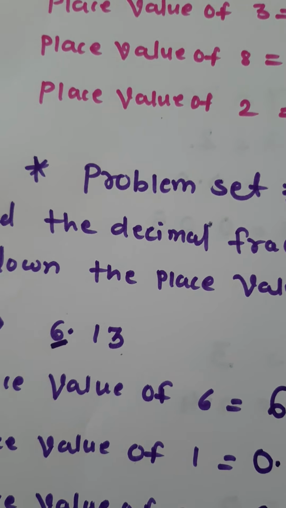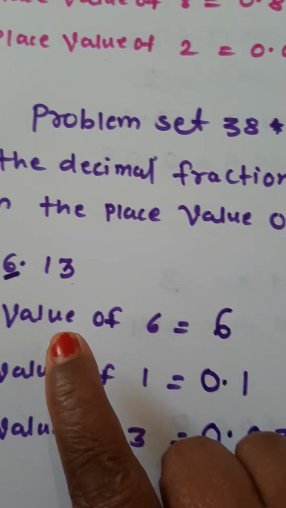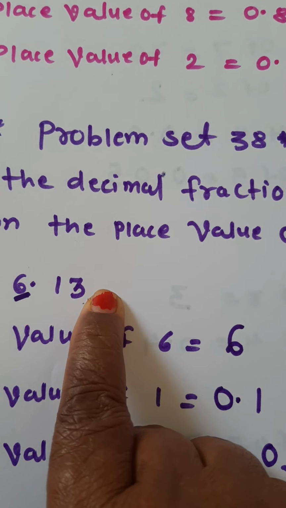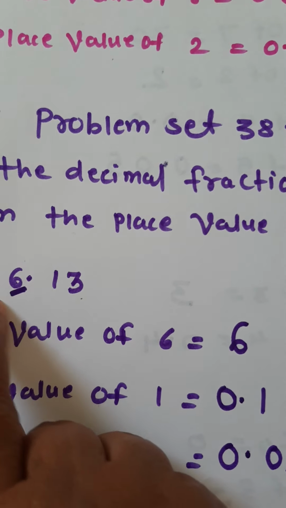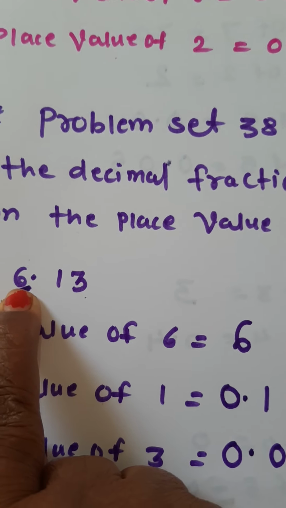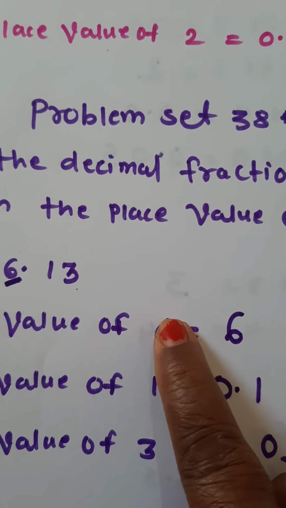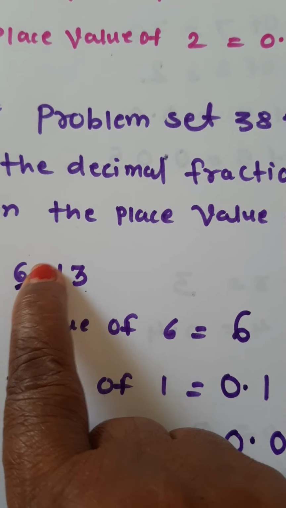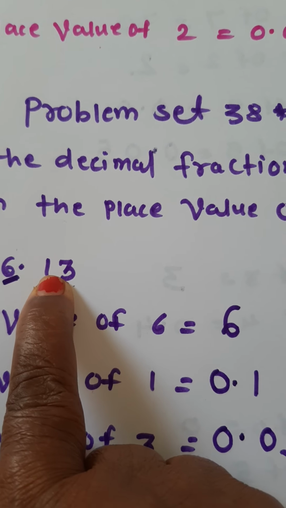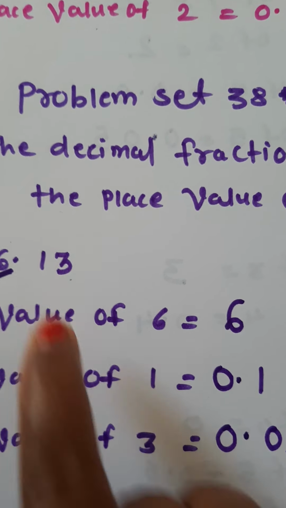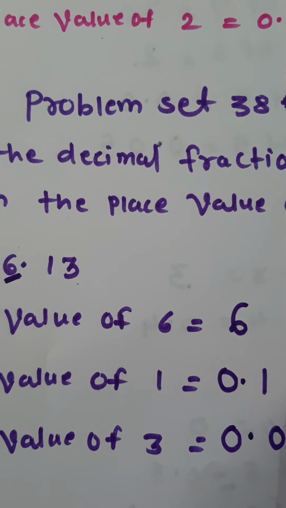So look at the first example from problem set 38, 6.13. Now before point only 6 whole number is present, single digit, so unit place. So place value of 6 is 6 only. After the decimal point first digit is 1, that is at tenths place. 1 upon 10 means 0.1.